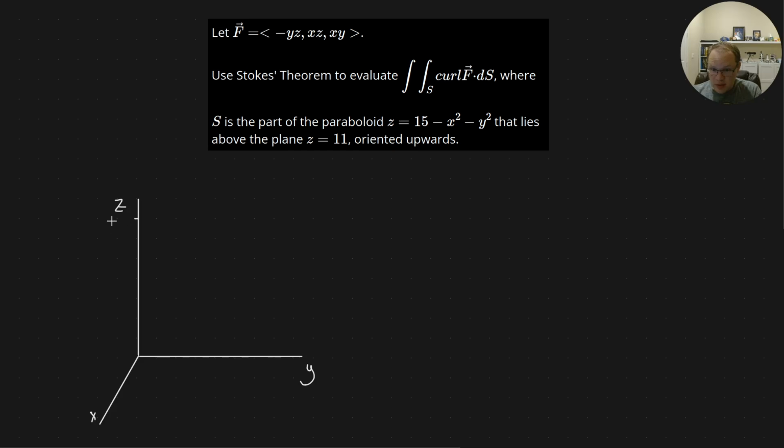Let's put z equals 15 somewhere up here. Okay, we have a paraboloid that opens down. And then somewhere at 11, maybe right here, we stop. It's above z equals 11.